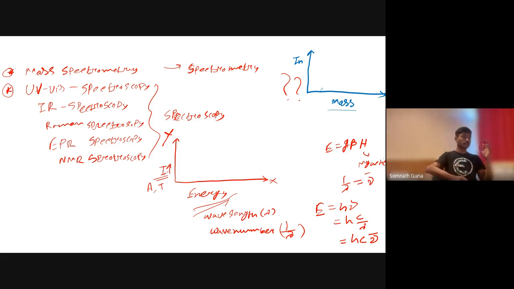But in Mossbauer spectroscopy, we have a nucleus. In the ground state, it has its own distribution inside. We are providing some external perturbation, that means we are providing some energy to the nucleus, and then we are exciting that nucleus to a different nuclear distribution.